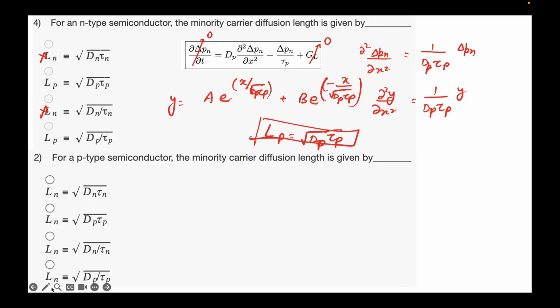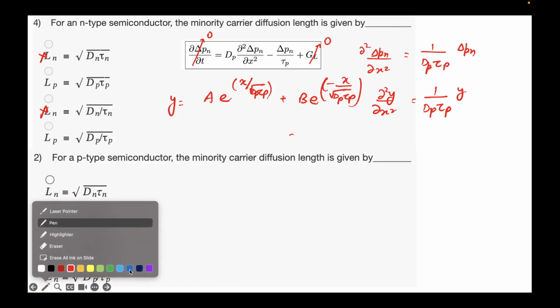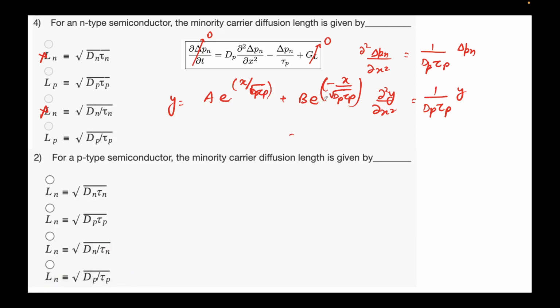Sorry, I screwed up in the last part, just a second. So what I mean is that we define this quantity as the diffusion length. So Lp is Dp times tau p, right?